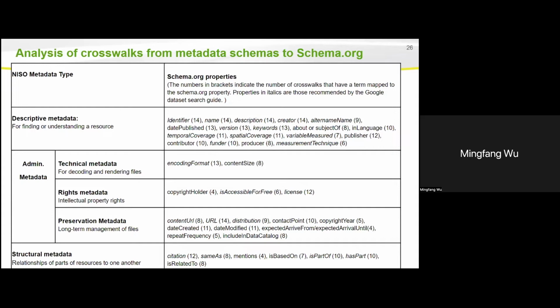The 6 categories: descriptive metadata, technical metadata, rights metadata, preservation metadata, and structural metadata. So here, the number in the bracket indicates how many source schemas have that term or vocabulary, and the font in italic is the one from schema.org.